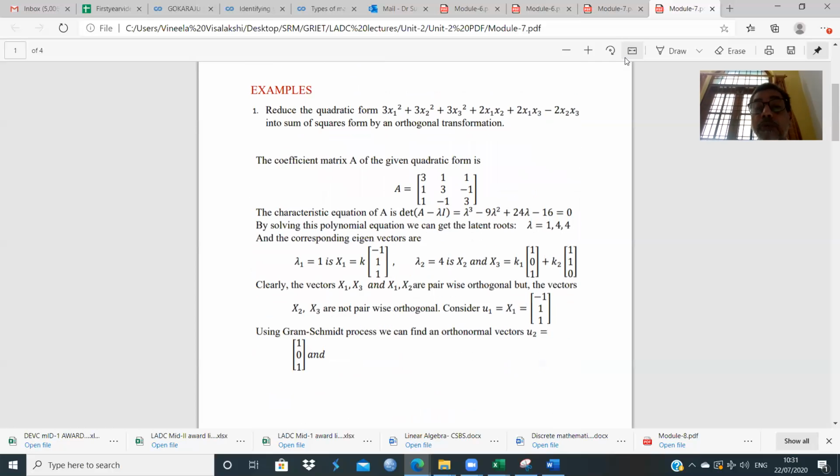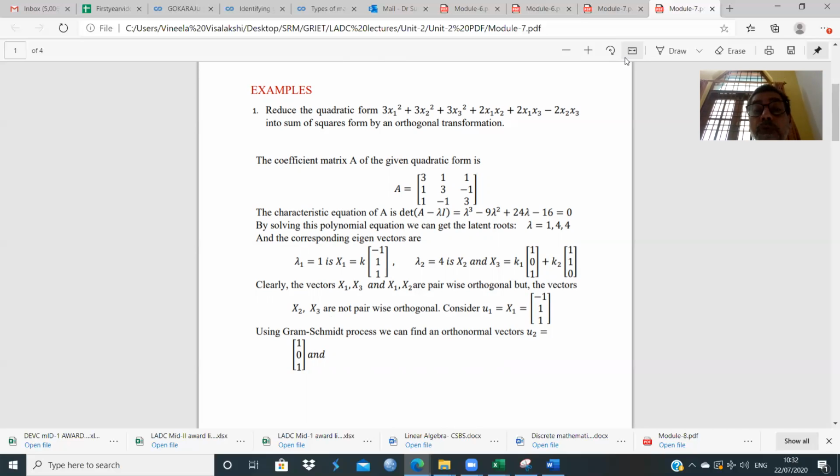So two examples are being presented. The first one is a quadratic form 3x1 squared plus 3x2 squared plus 3x3 squared plus 2x1x2 plus 2x1x3 minus 2x2x3. And we want to convert this into a sum of squares form by an orthogonal transformation.